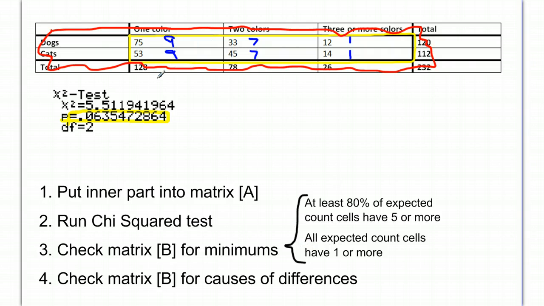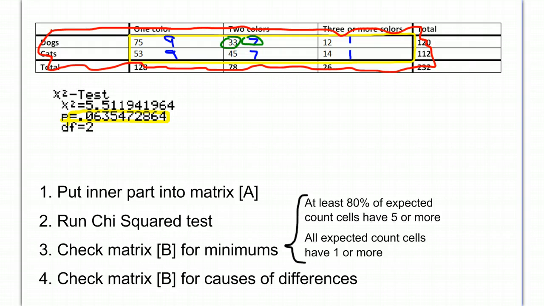And what you're looking for is which of these are the greatest differences from expected, and not just as a number, but often as a percentage. Because if all the numbers are big, you would expect it to have more deviation. Whereas here, these smaller numbers being a full 7 away, that's a pretty high percentage away.